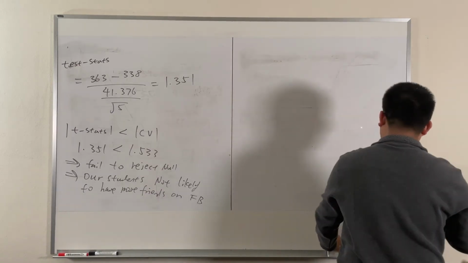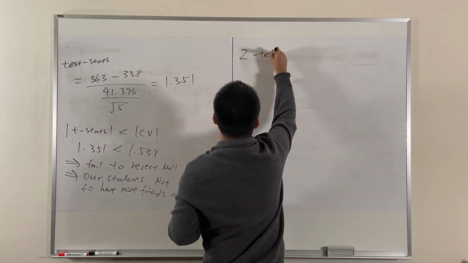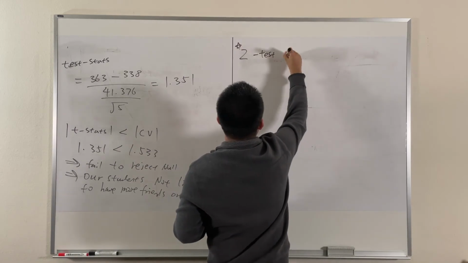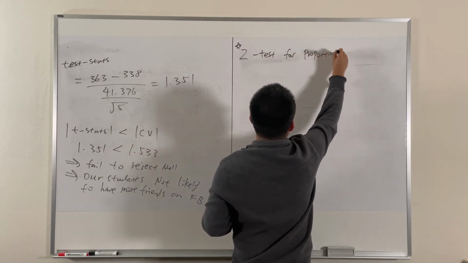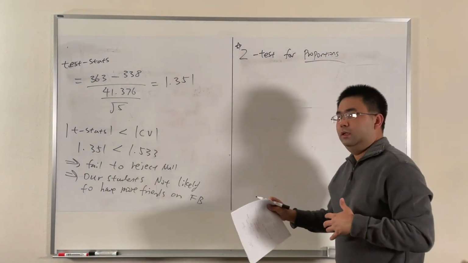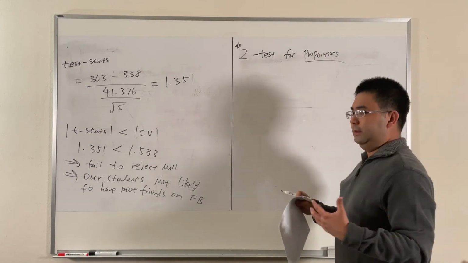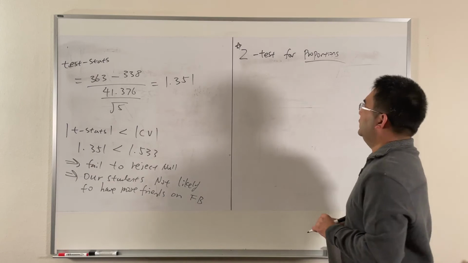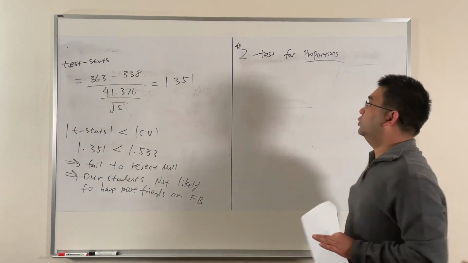Okay, so the next topic is z-test for proportions. Proportions is how many percent of something, the ratio or percentage of times something happens or turns out to be one group compared to another.